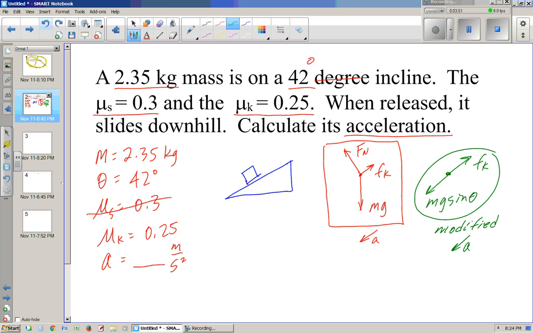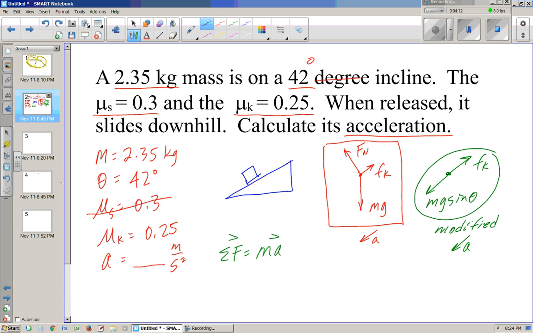Okay, so this is a fairly simple problem in one way along the incline, but there's something else that's going to come up that's going to be a little tricky that we have to deal with. So first let's do Newton's second law in the down the hill direction.